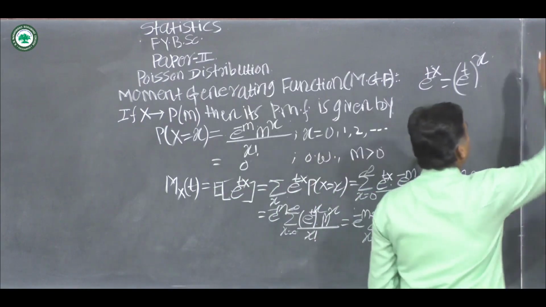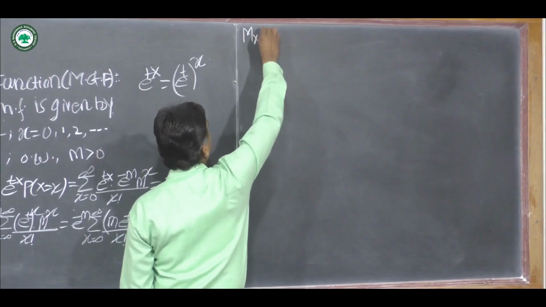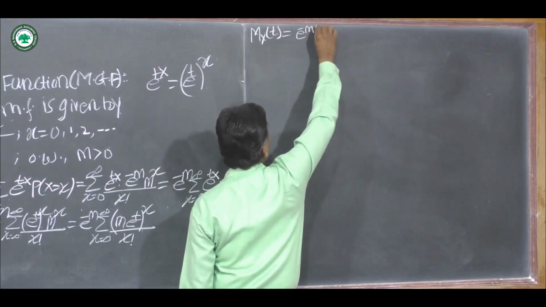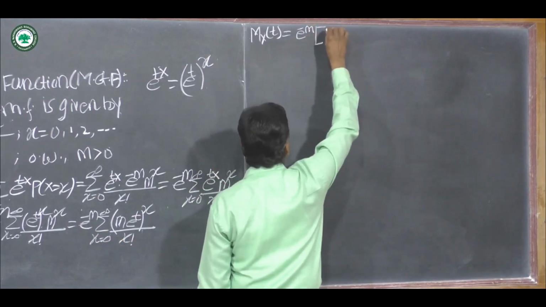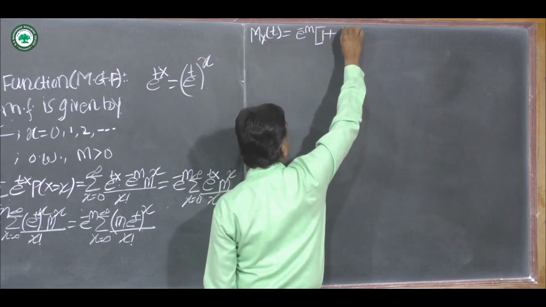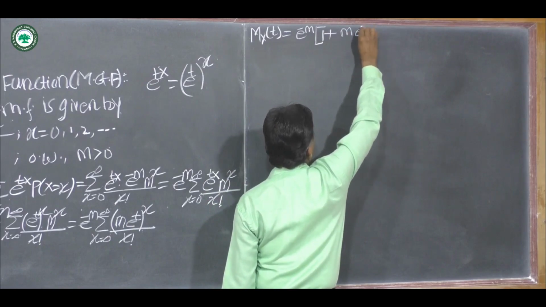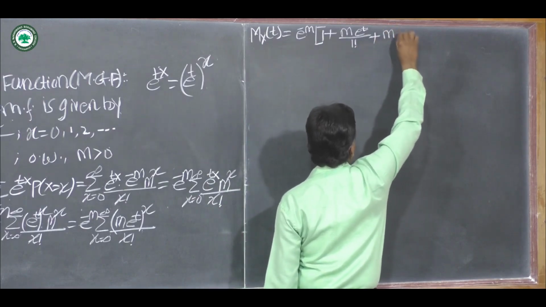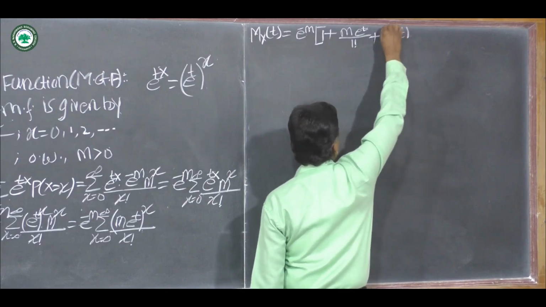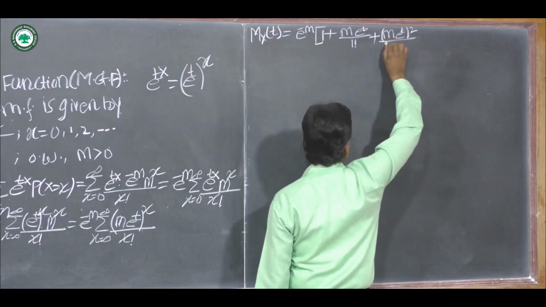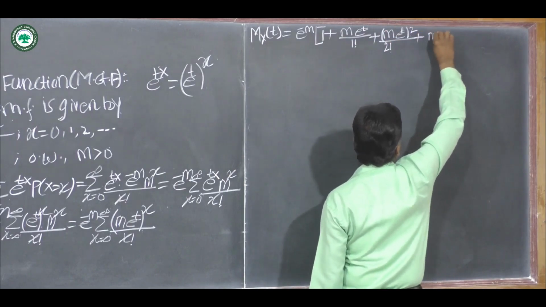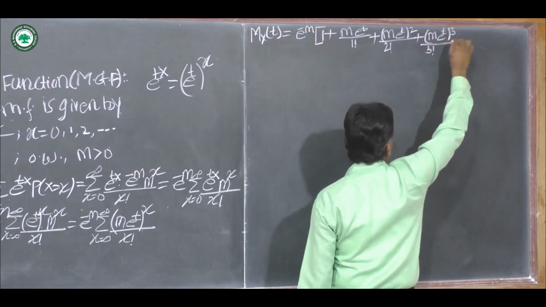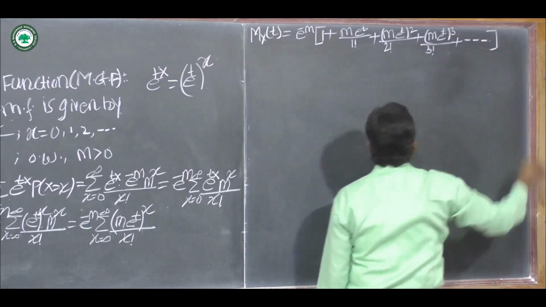So M_X(t) is equal to e raised to minus m into, in bracket, the first term for x equal to 0 is 1, plus the second term m into e raised to t upon 1 factorial, plus m into e raised to t, whole bracket squared, upon 2 factorial, plus m into e raised to t, bracket raised to 3, upon 3 factorial, plus so on.